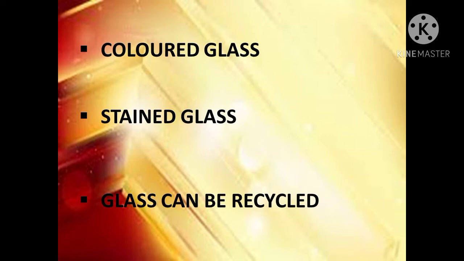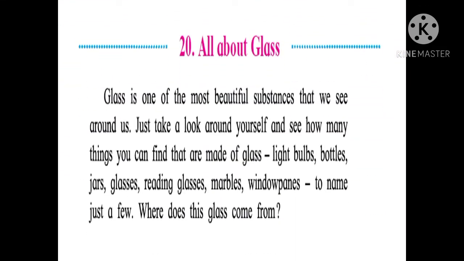So, without wasting our time, let's move ahead with our lesson. I would kindly request you to open your textbook, page number 45. All about glass. Glass is one of the most beautiful substances that we see around us.